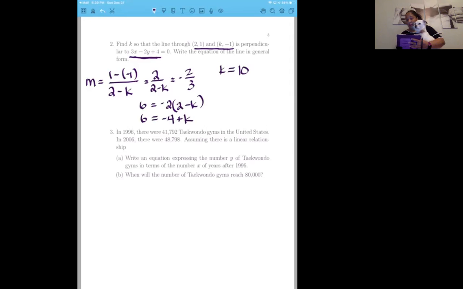And we can check to make sure. So we're going to change that to a 10. So I have 1 minus negative 1 over 2 minus k. All right. So I have a 2 over 2 minus 10. Uh-oh, we did something wrong. Let's try that again.